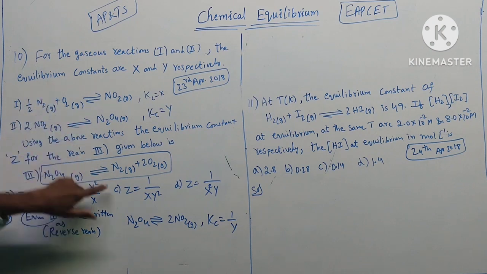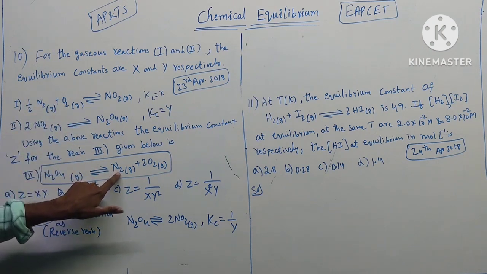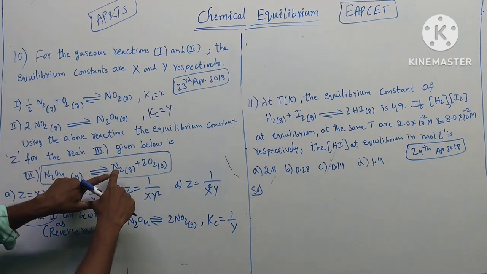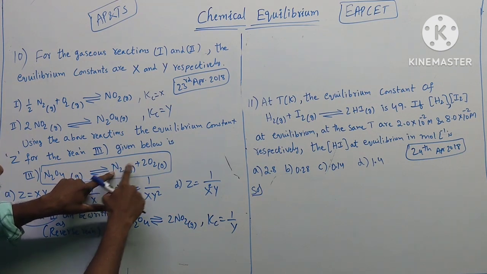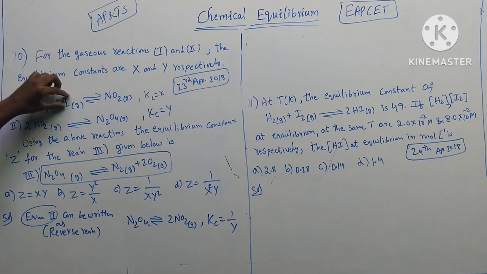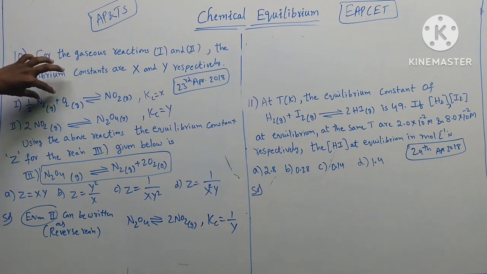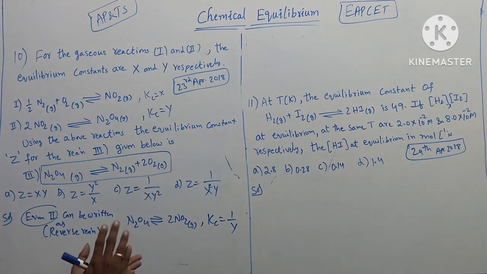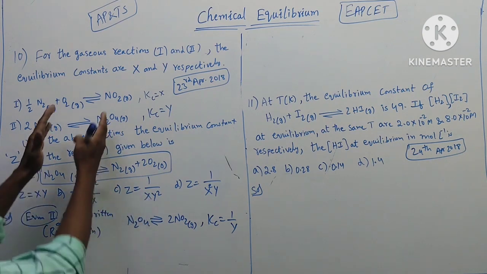So next, equation 1. Here, how many moles of N2 are there? 1 mole. For this reaction, 1 mole of N2, 2 moles of O2. But for this reaction, half mole of N2, half mole of O2. And also in this reaction, N2 and O2 are present on the left side, the reactant side. But in this reaction, N2 and O2 are present on the product side.